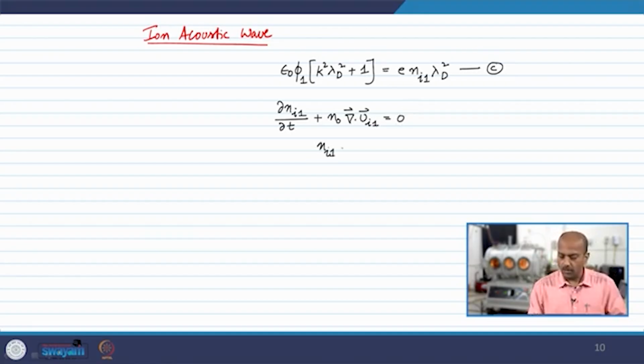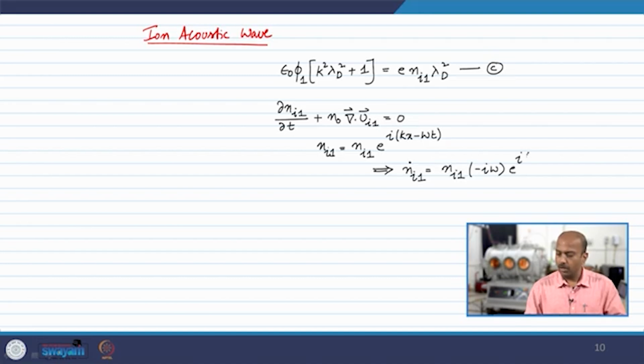Substituting for n I 1 is equal to n I 1 e to the power of i (kx minus omega t), which implies n I 1 dot is equal to n I 1 times minus i omega e to the power of i (kx minus omega t). Let us say we call this as equation number D.